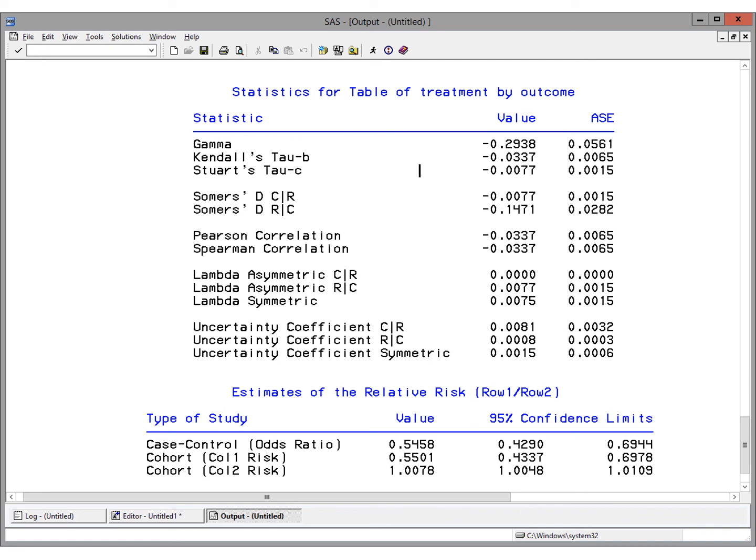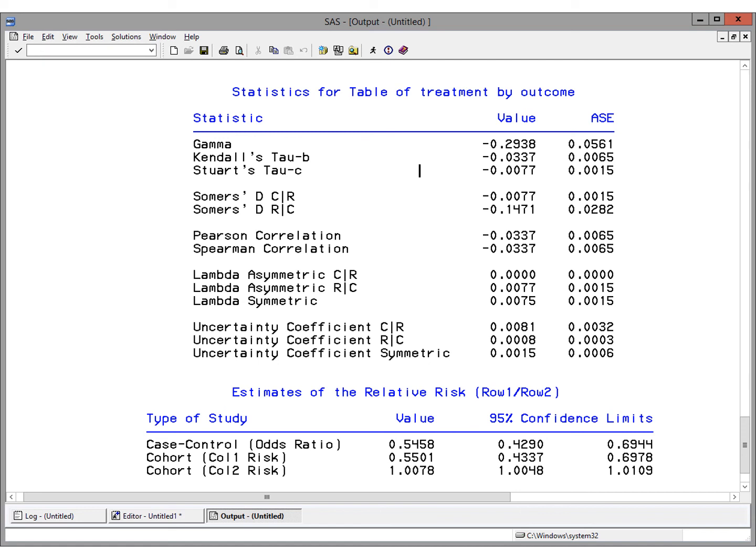We can get the risk ratio by looking at where it says cohort. Where it says cohort is giving the risk ratio. Again, SAS is not sure what the outcome of interest is, so it gives us both column 1 and column 2. We're interested in column 1, column 1 being myocardial infarction.